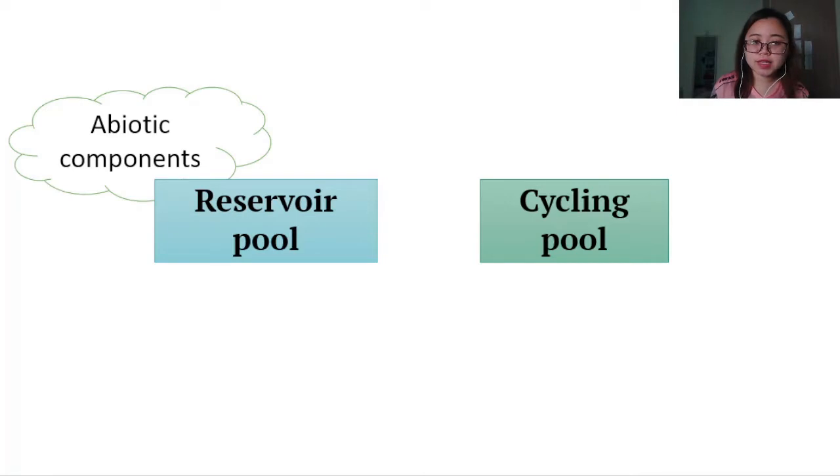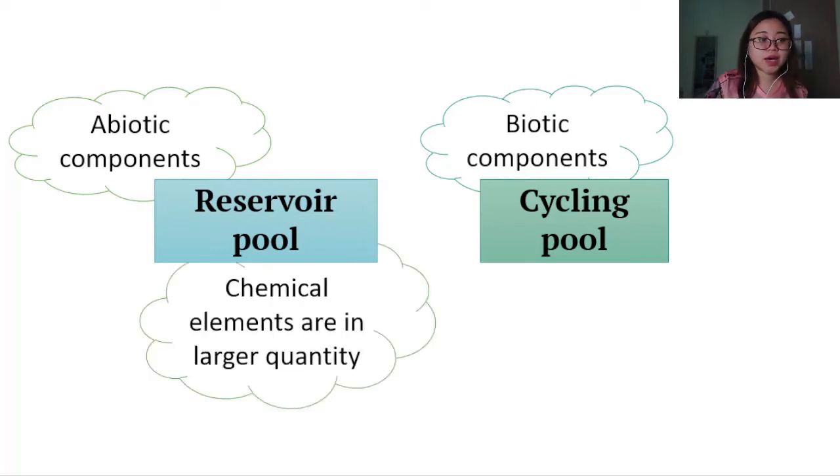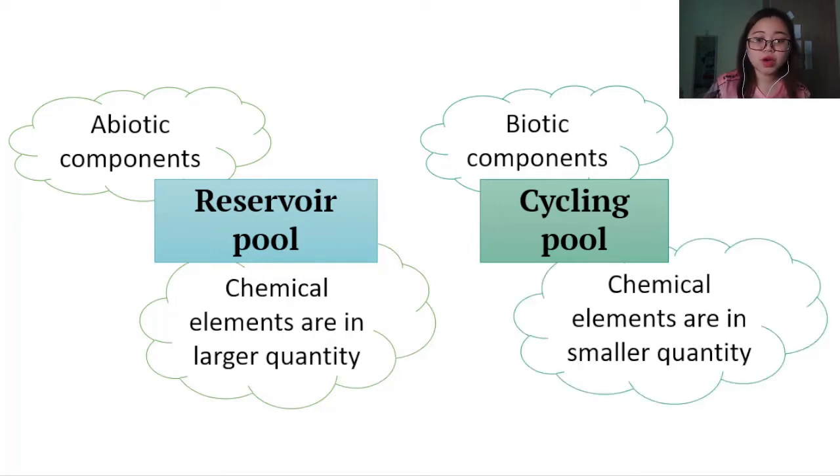First things first, the reservoir pool is usually made up of the abiotic components in the ecosystem, whereas the cycling pool will make up the biotic components of the ecosystem. In the reservoir pool, the chemical elements are in larger quantity, whereas in the cycling pool, the chemical elements are in a smaller quantity.